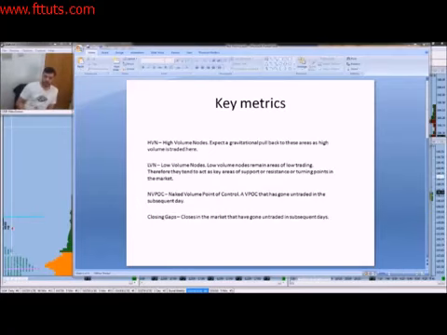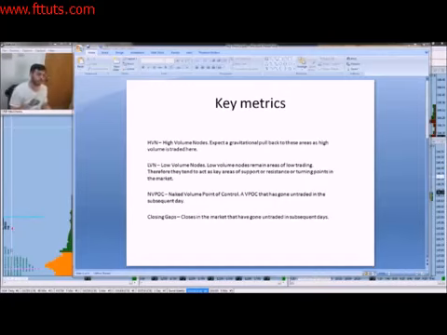Closing gaps are closes in the market that have gone untraded in subsequent days. Closing gaps also act as significant support and resistance. The longer the closing gap has been within the market, the stronger the resistance becomes, even though it hasn't actually traded there.